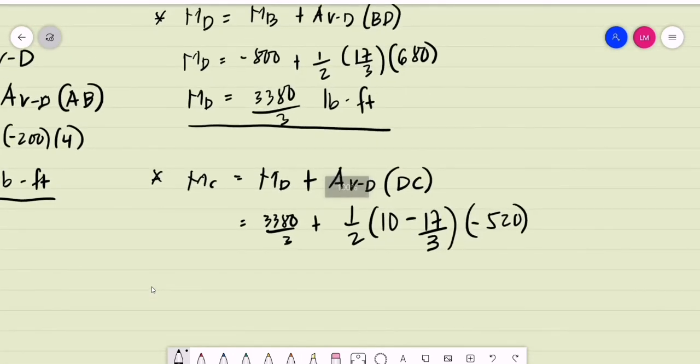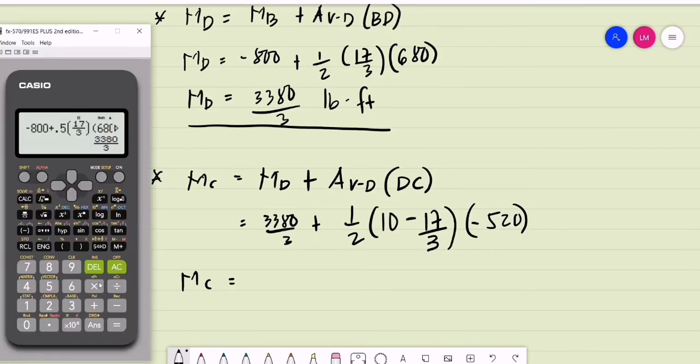Computing for the moment at point C, it is equal to our last moment, the moment at D, 3,380 divided by 3, plus 0.5 of the base, which is 10 minus x, where the value of x is 17/3, times its height of negative 520.